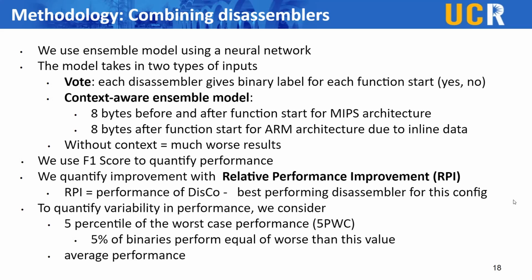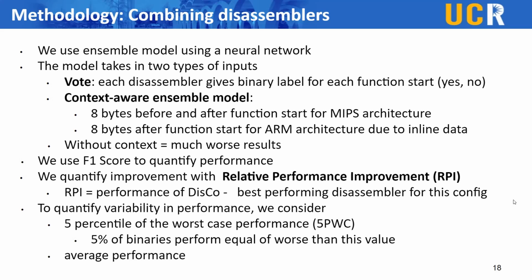In this work, we are using the F1 score to quantify performance, and to quantify the improvement of DisCo over the best performing disassembler, we are using a metric called relative performance improvement, RPI. RPI is just the performance of DisCo minus the performance of the best performing disassembler for that configuration.